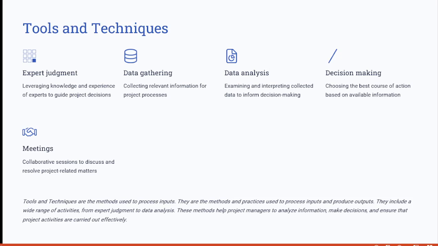To take an example here, the expert judgment. Expert judgment involves leveraging the knowledge and experience of experts to guide the project decisions, while data analysis helps in understanding the trends and making informed decisions.